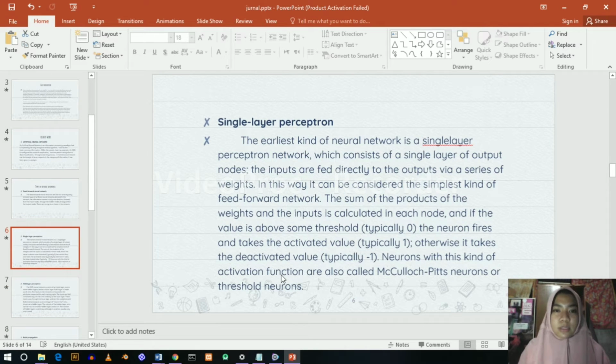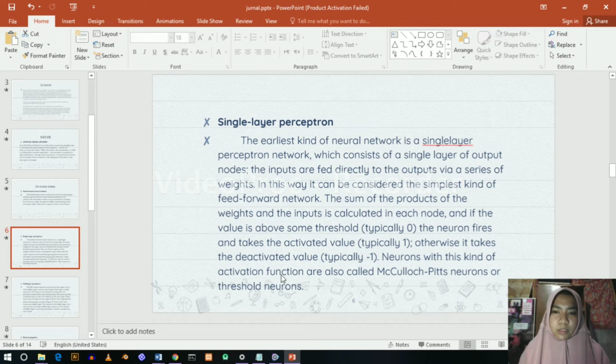Second, single layer perceptron. The earliest kind of neural network is a single layer perceptron network, which consists of a single layer of output nodes. The inputs are fed directly to the outputs via a series of weights. In this way, it can be considered the simplest kind of feed-forward network.